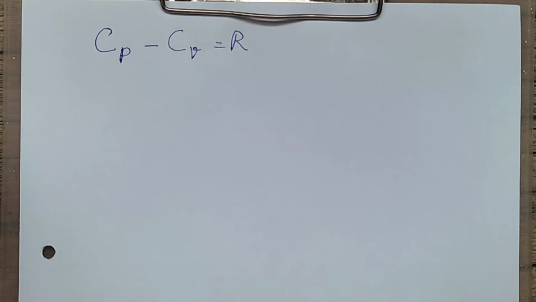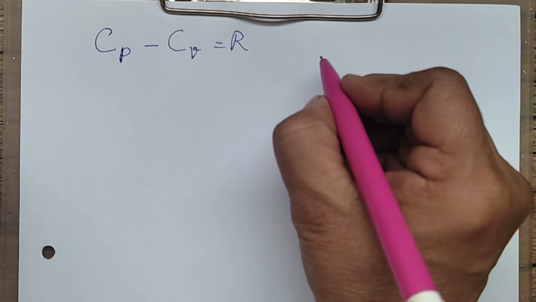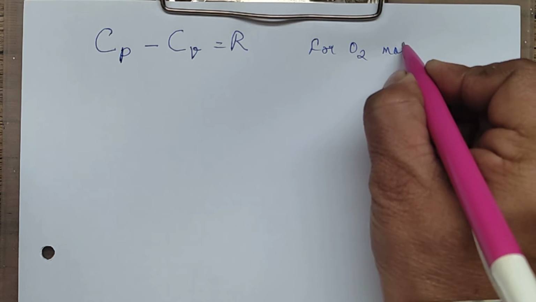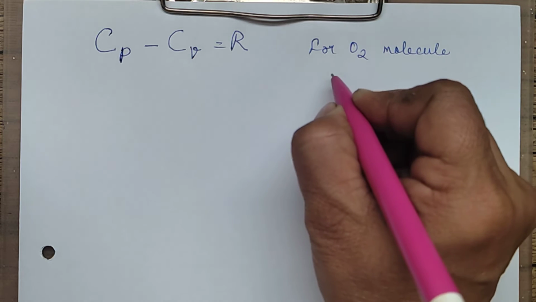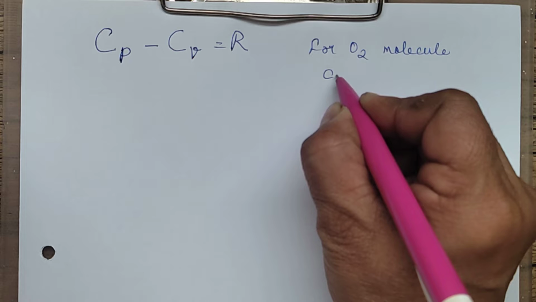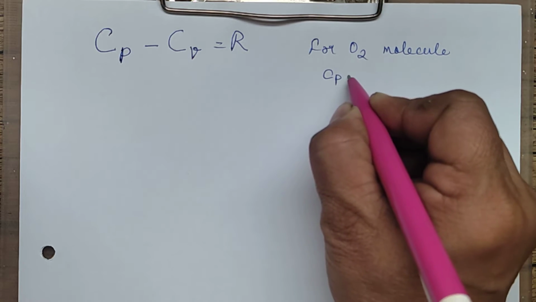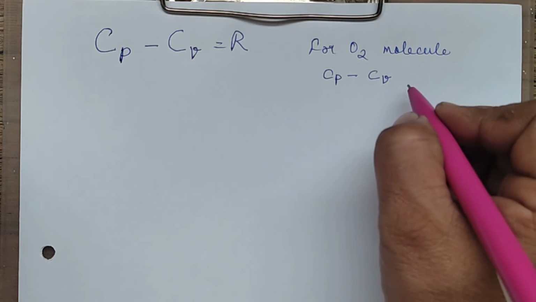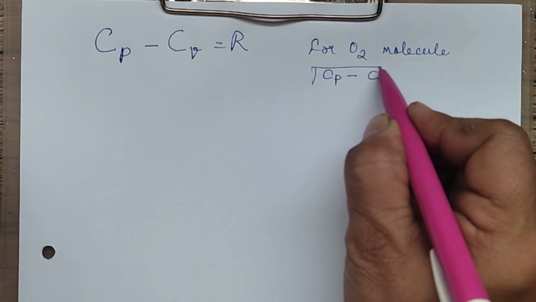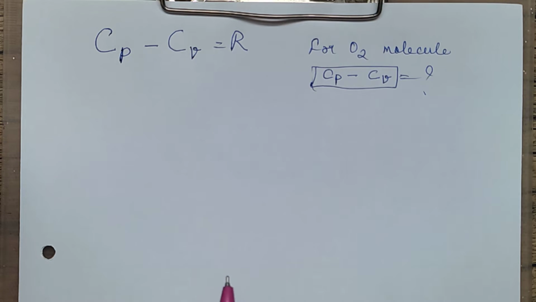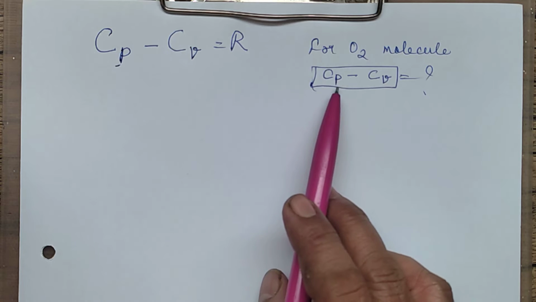Suppose we ask a question like this: for an oxygen molecule, calculate specific heat capacity at constant pressure minus specific heat capacity at constant volume. If we know this relation, we can calculate.